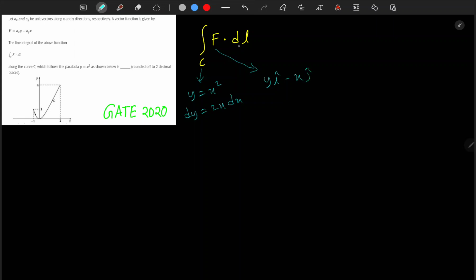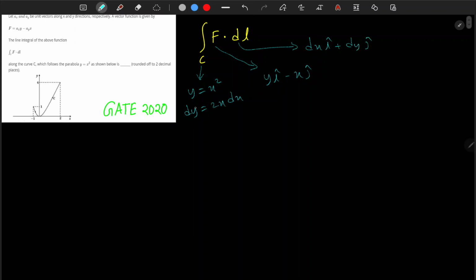And dl is dx i cap plus dy j cap. Now we know everything. We will put it in the integration, then it will be very easy to solve this question.